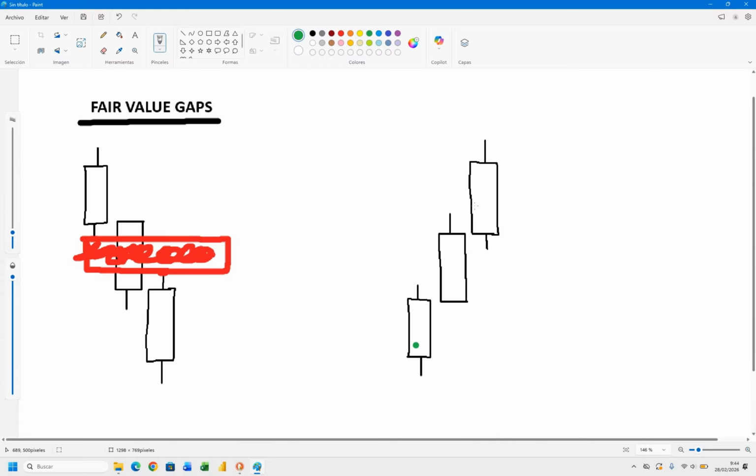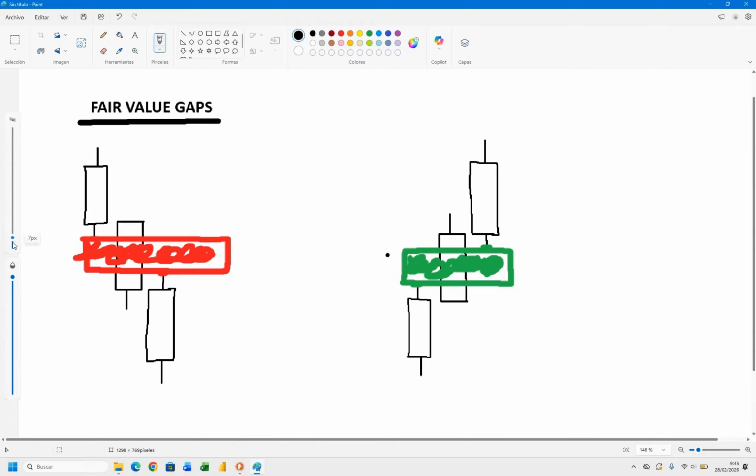For example, when we have three candles where the first candle's higher wick doesn't overlap with the third candle's lower wick, then we have a so-called fair value gap, as you can see right now here. This is a bullish fair value gap. So why are fair value gaps important?